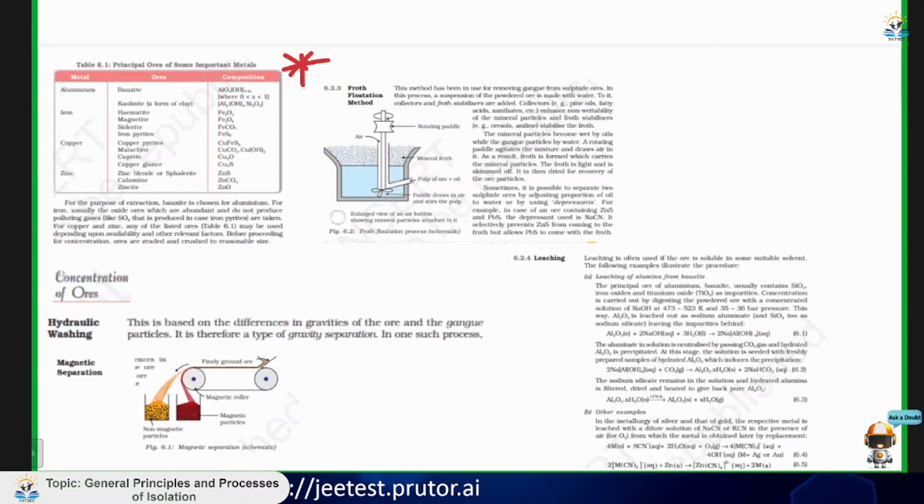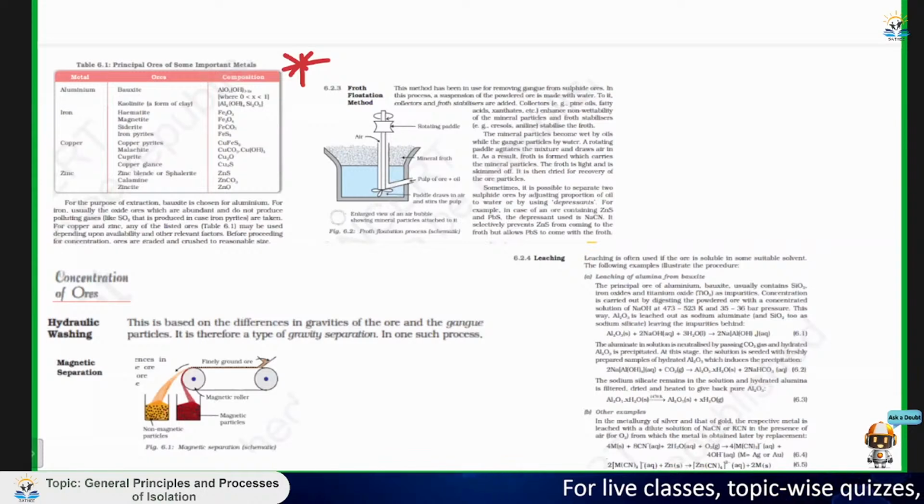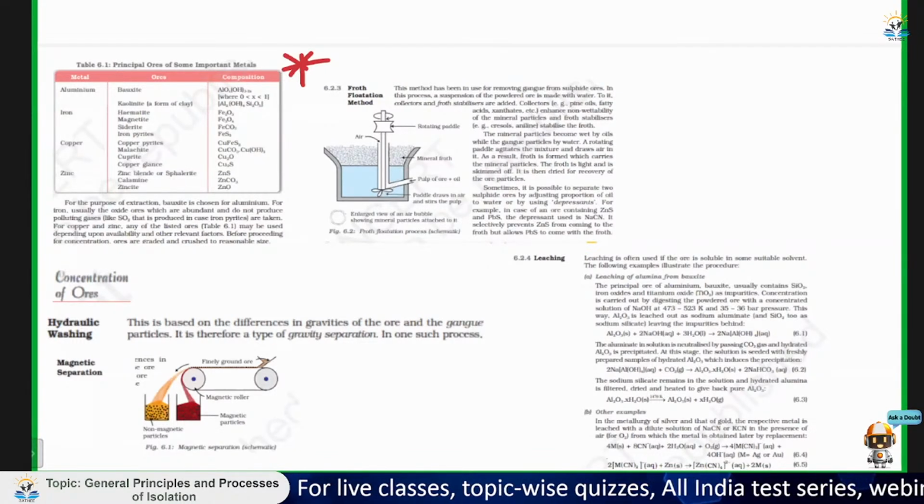And froth stabilizers are creosotes and aniline. They stabilize the froth, meaning the froth stays for a longer time. Your froth has the ore. Collectors enhance non-wettability, which ensures the ore stays in the froth, so there would be less ore in the water.